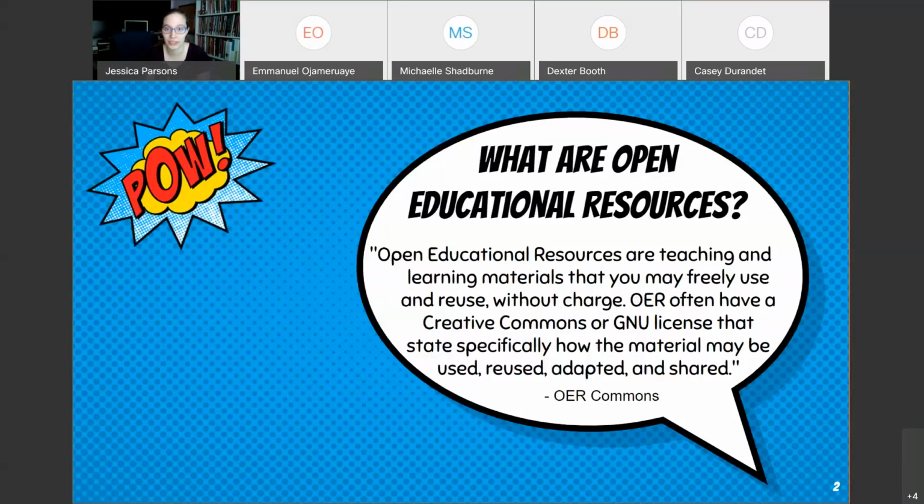Use examples and the latest and greatest research from your field as well. And then make it available in turn for anyone else to use and continue to build and grow these materials. So that's a brief introduction to what OER, or open educational resources, are.